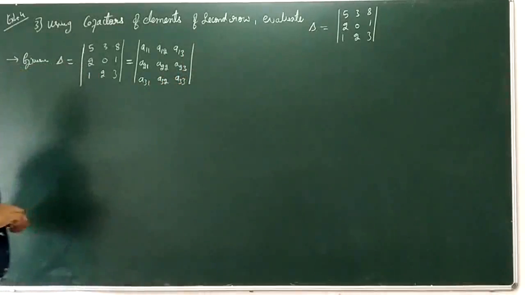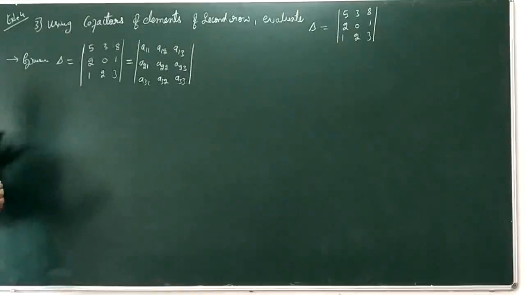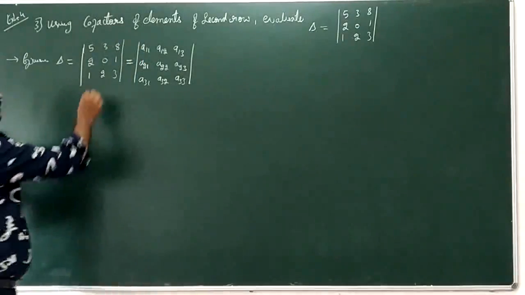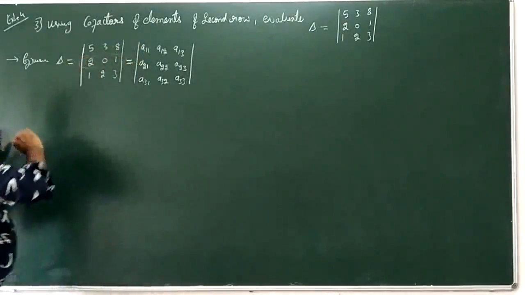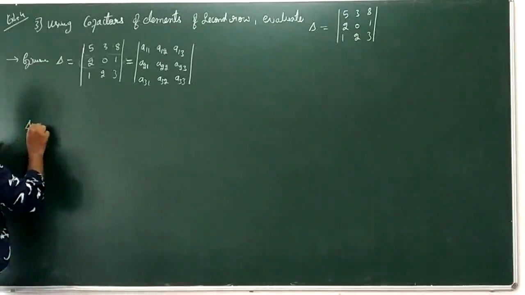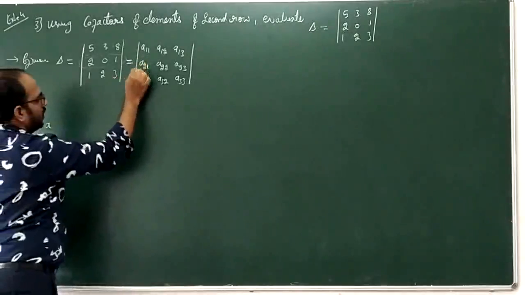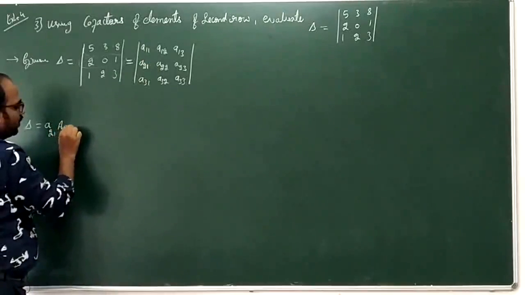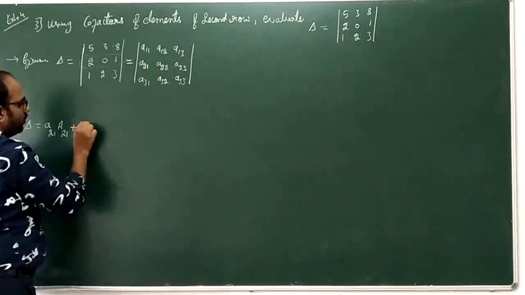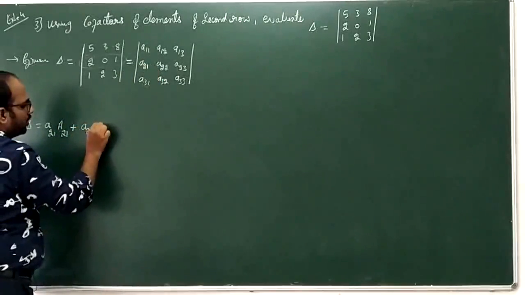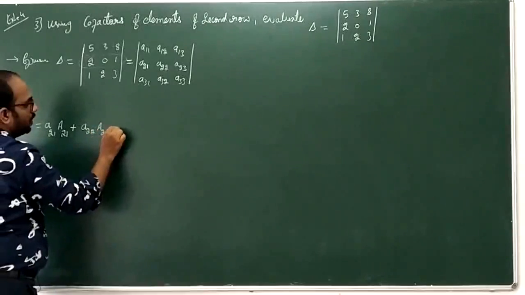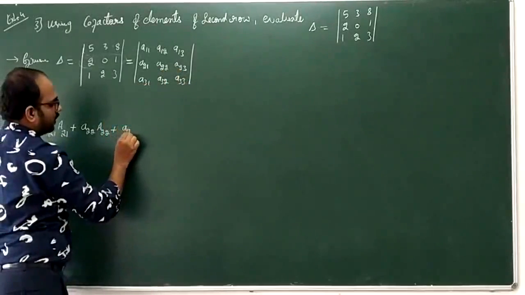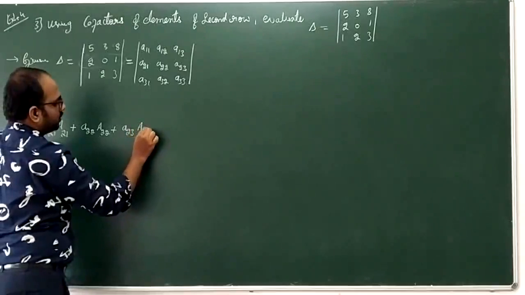Then by using the second row, I am evaluating. Delta is equal to A21 into cofactor of A21 plus A22 into cofactor of A22 plus the third element of the second row, A23 into cofactor of A23.